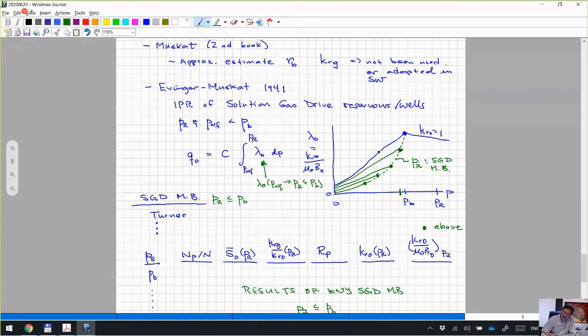So these lines here, this line, these lines down here, whereas the symbols here, the endpoints at the average pressure, they came from the material balance. And they're not straight lines, they're functions, but they look more or less like a straight line.